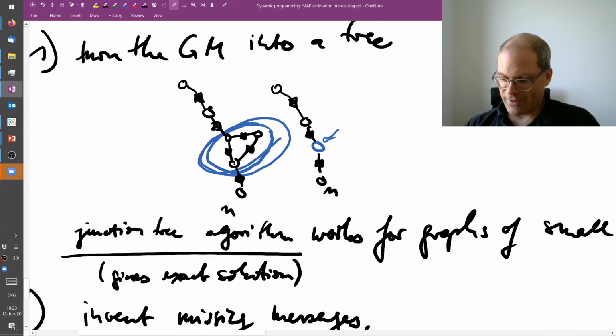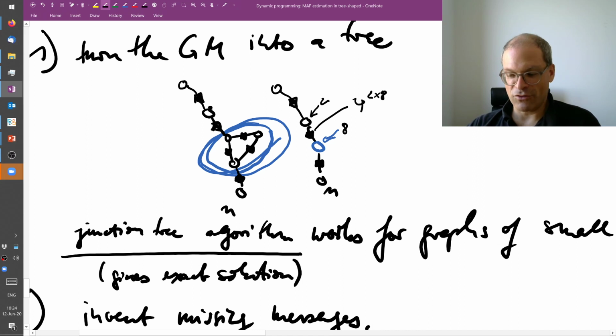In particular, let's say there are 3 nodes, each of them had 2 states, so then the fat node will have 2 times 2 times 2, 8 states, and correspondingly, these tables here, if I now want to specify what this psi will look like, well, if this guy here has 2 states and this guy here has 8 states, then this is going to be a 2 times 8 table, not a 2 times 2 table as you would normally expect.